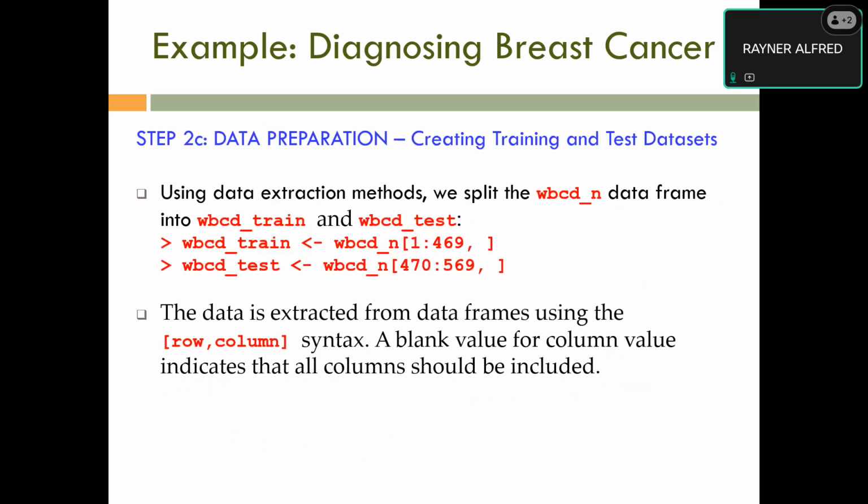Now we divide them. Basically, we don't need to divide them into training and testing because KNN just uses the k nearest neighbor, but it's okay. So for this one, from row number 1 up to 469, you set that as your training data set, and the remaining data will be put in the test data set.